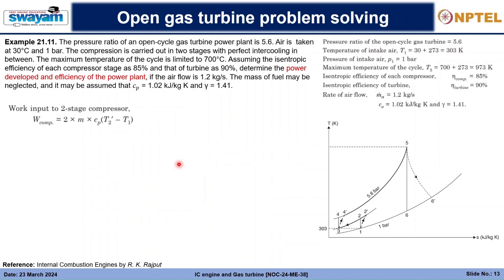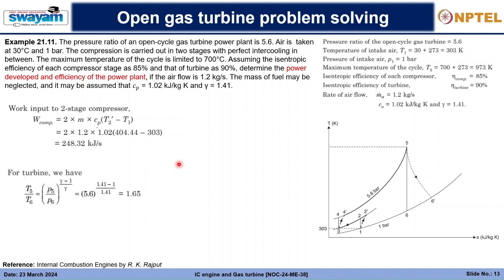Next, the work input to the two-stage compressor is 2 into mass into Cp into T2 dash minus T1. Accordingly, the net work input required to the compressor is 248.32 kilojoule per second. For the turbine part, we do not know the exhaust temperature, so we first find the temperature if the process were isentropic.